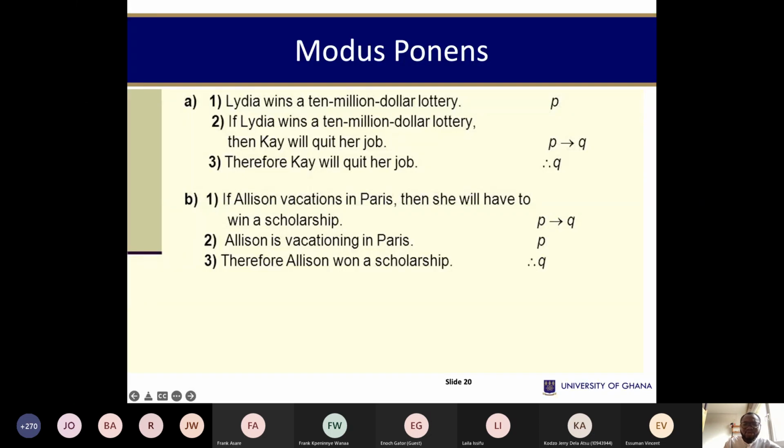Then she won a scholarship. When you see the 3 dots, it means a conclusion. So the formula for modus ponens is P conditional Q, then P, then your conclusion, Q.